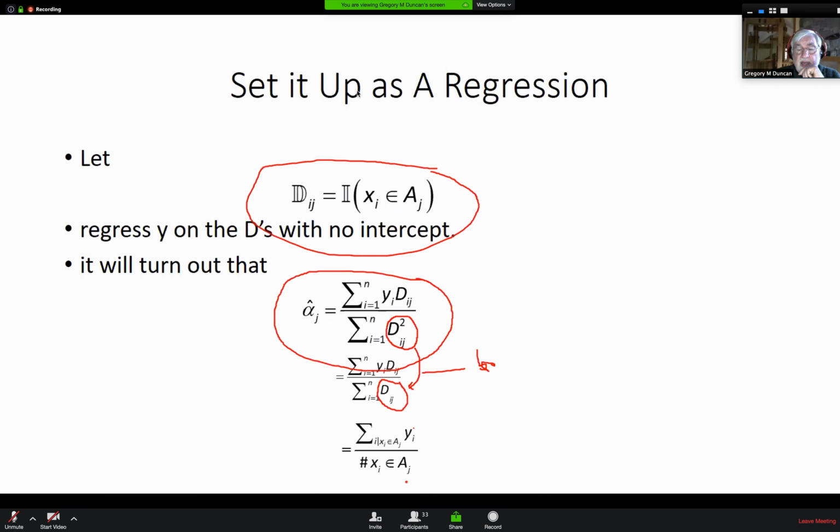This is going to give me the number of X's that are in AJ. So it's the number of X's that are in a common interval. And then what I'm going to do is sum the Y's whose X's are in that A.